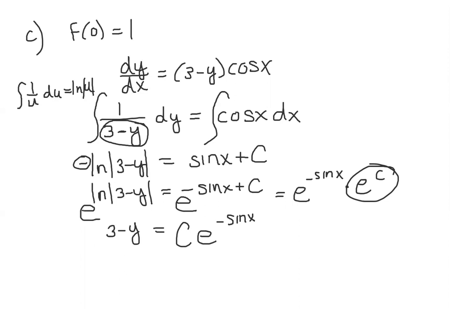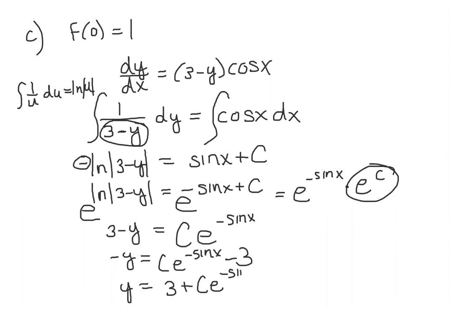And then I'm going to say negative y equals this. Oops, that should be a -3, and y equals 3 plus c e to the negative sine x.